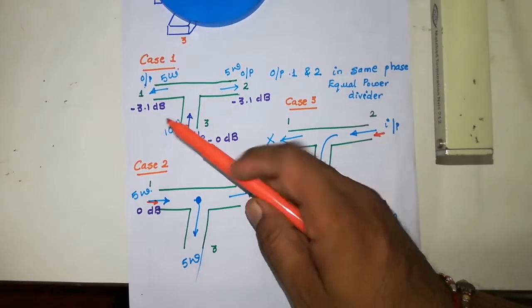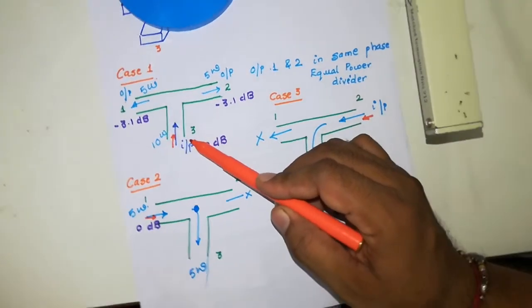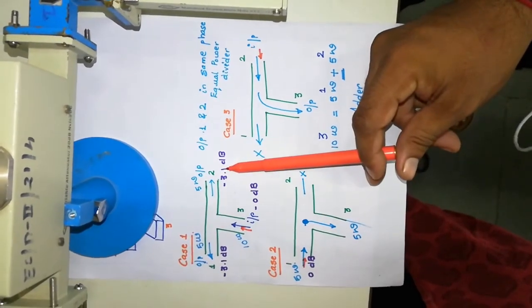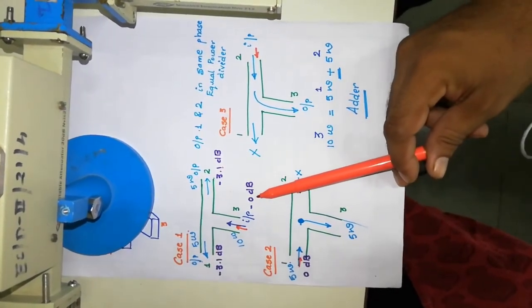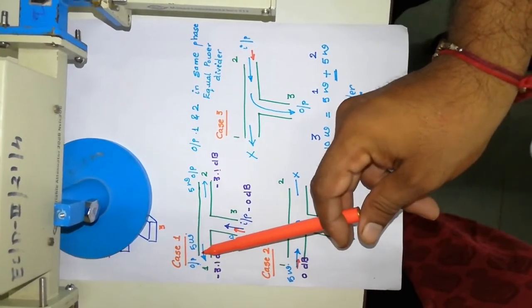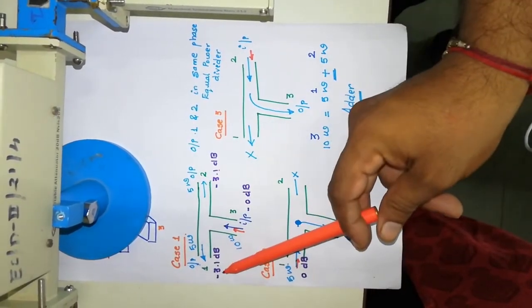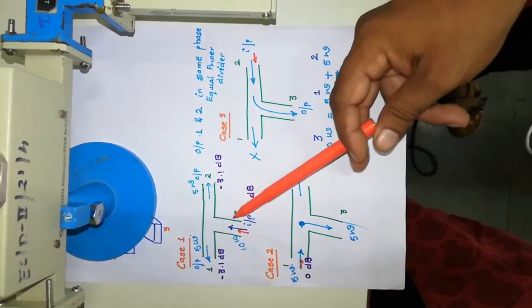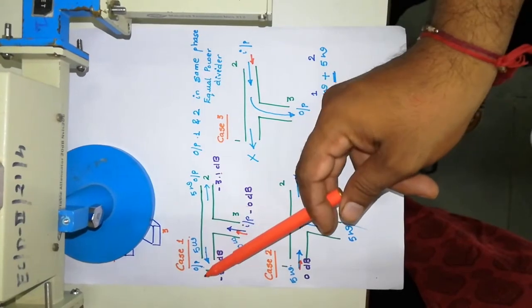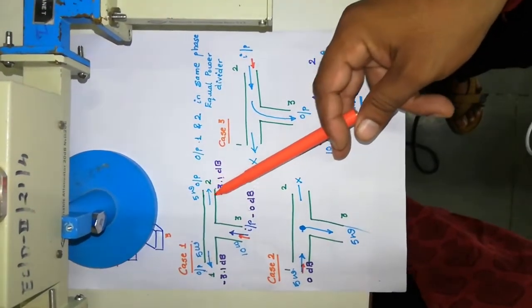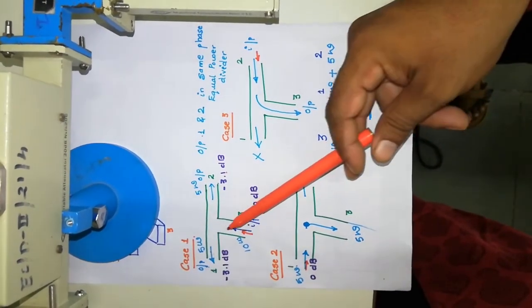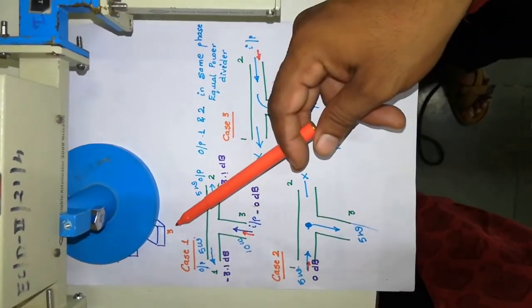In case 1, we gave power to port number 3 and measured power at port number 1 and port number 2. The input power was 0 dB, and the measured power at port 1 and port 2 is minus 3.1 dB. So power is dividing equally, which is 3 dB down. It means half the power goes to port number 1 and half goes to port number 2 when we feed power at the H arm, or port number 3. That was our case number 1.